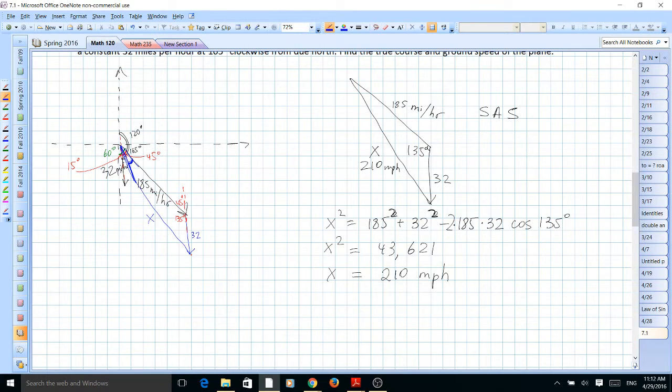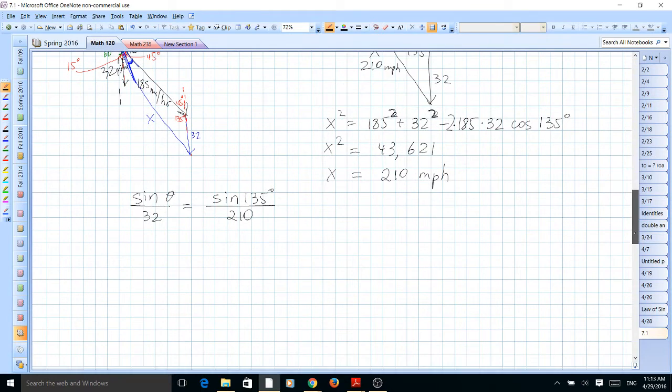It's the actual angle at which the plane is flying. So it's this guy right here. I'll call it theta, and in order to find it, I need law of sines. So sine of theta over 32 equals sine of 135 degrees divided by 210.